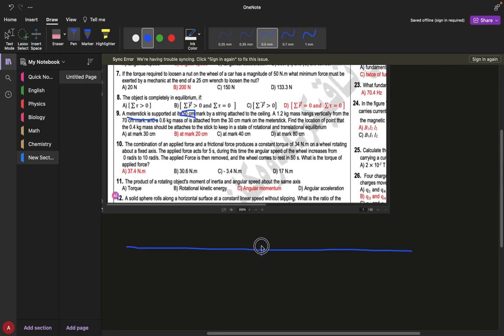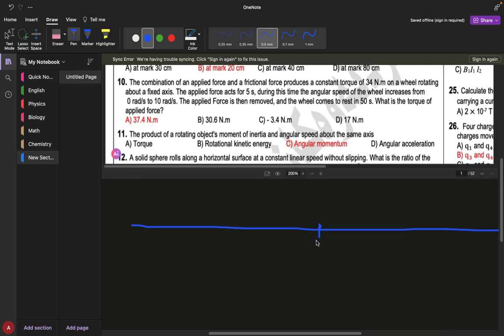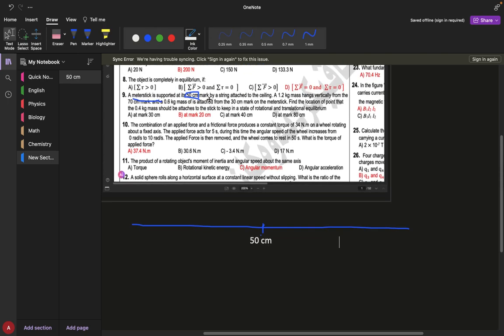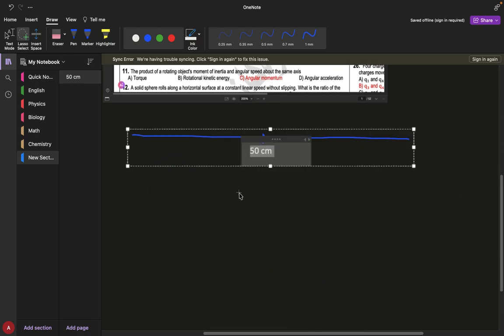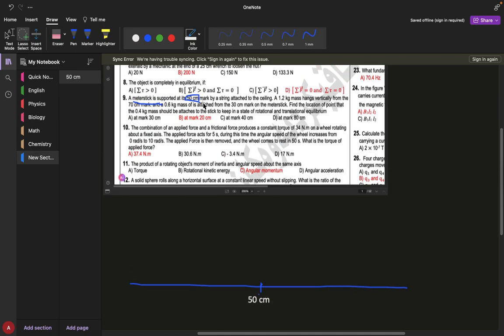And at the 50 centimeter mark, attached to a ceiling.